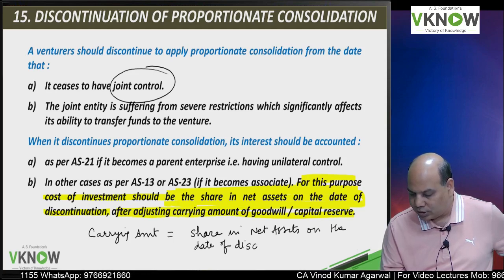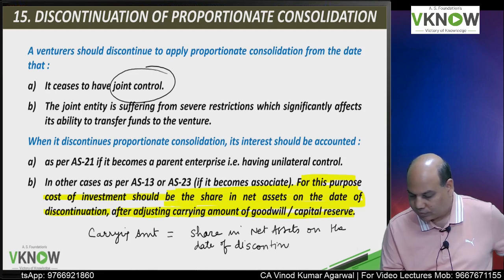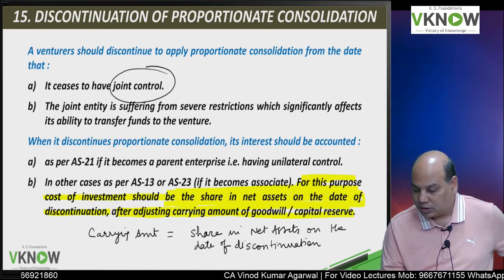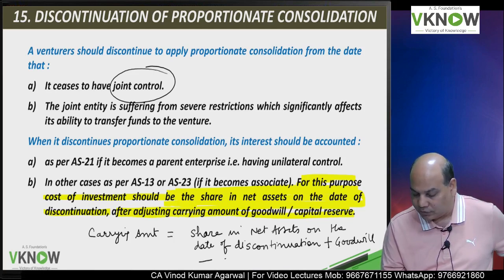You will calculate the net asset of the joint venture multiplied by your share plus goodwill, but if there is a capital reserve, then minus capital reserve.